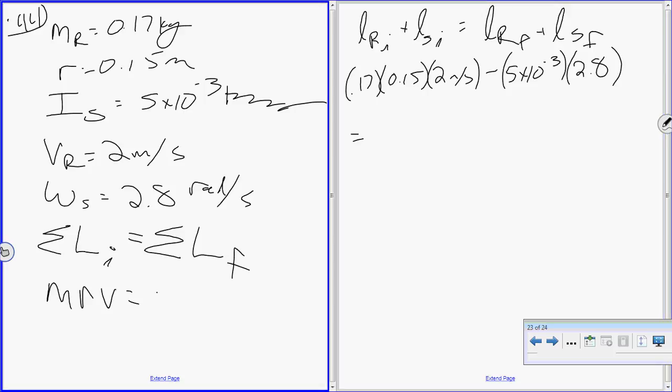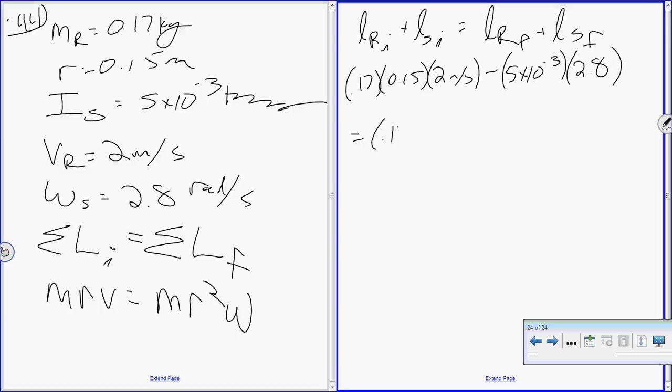Isn't that the same as m r squared omega, if you replace v with omega r? So this becomes his mass times r squared omega plus 5 times 10 to the negative third omega, and then solve for omega.